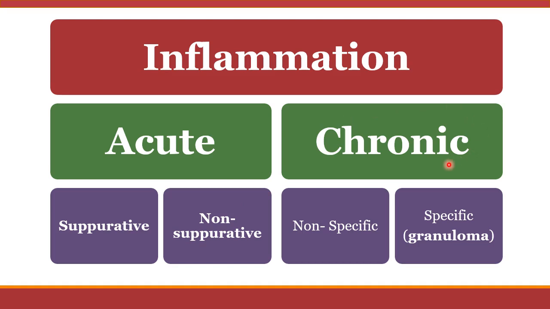So is chronic inflammation a single type, or does it also have types? The answer is that chronic inflammation also has types, but this is a different type of classification. Chronic inflammation has a type called non-specific and a type called specific. What is the meaning of specific or non-specific?